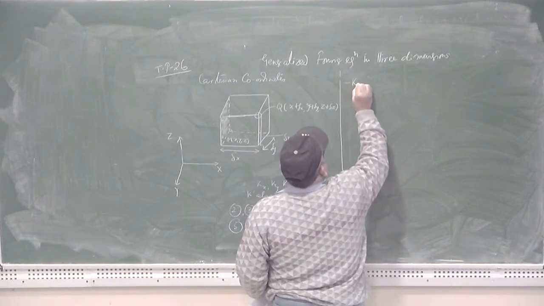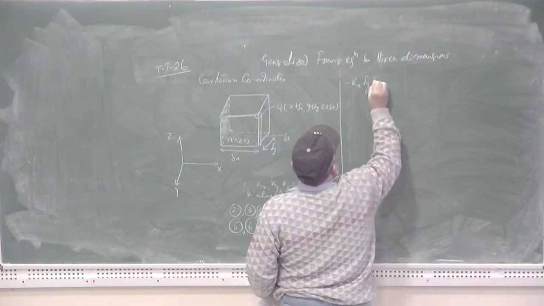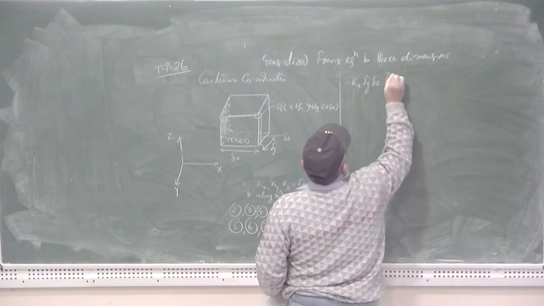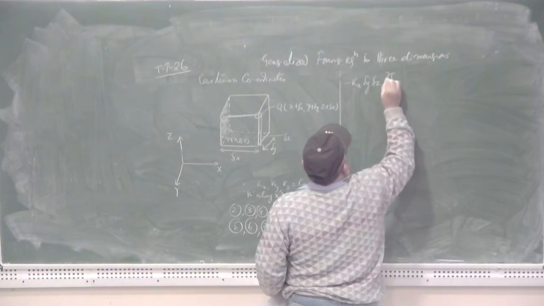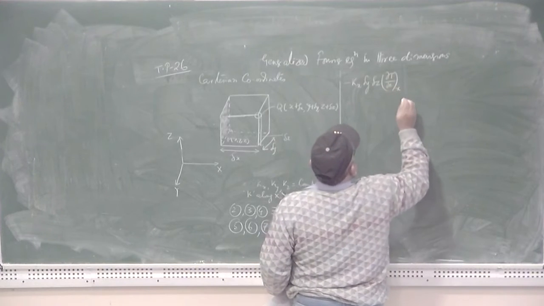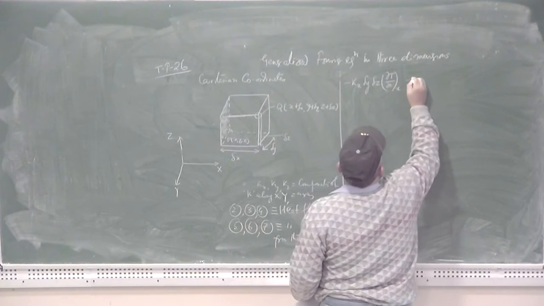minus kx into delta y delta z delta T by delta x at x equal to x.